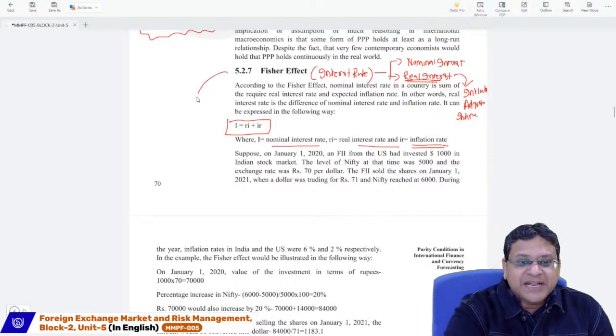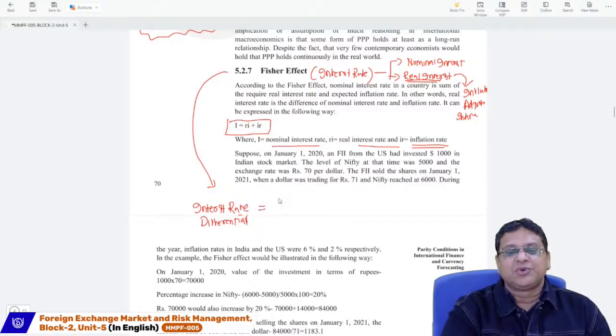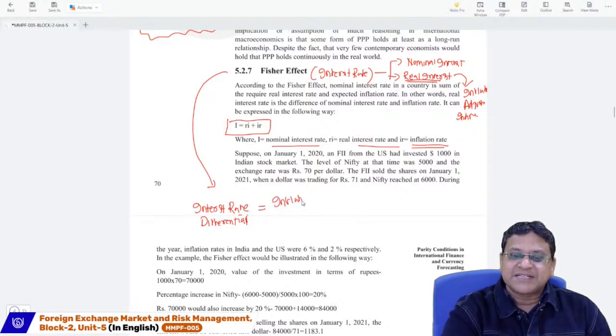So the crux of the Fisher effect is interest rate differential. What is interest rate differential? The difference in interest rate arises due to inflation rate differential.